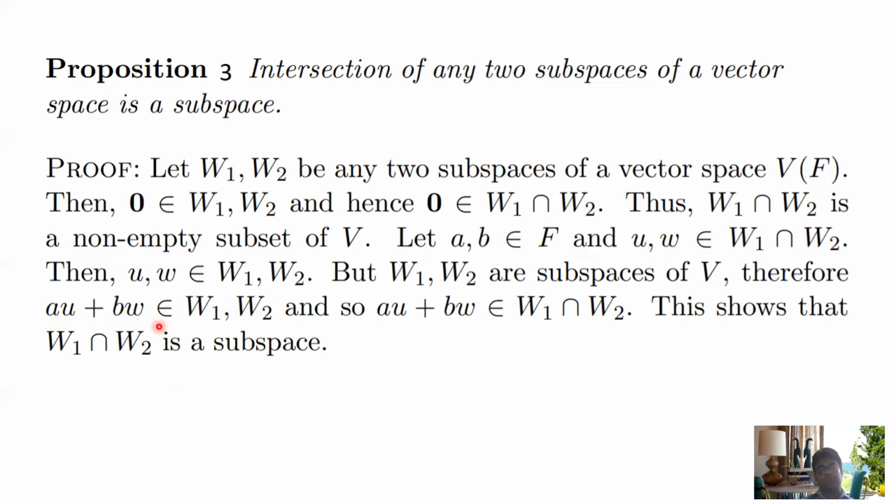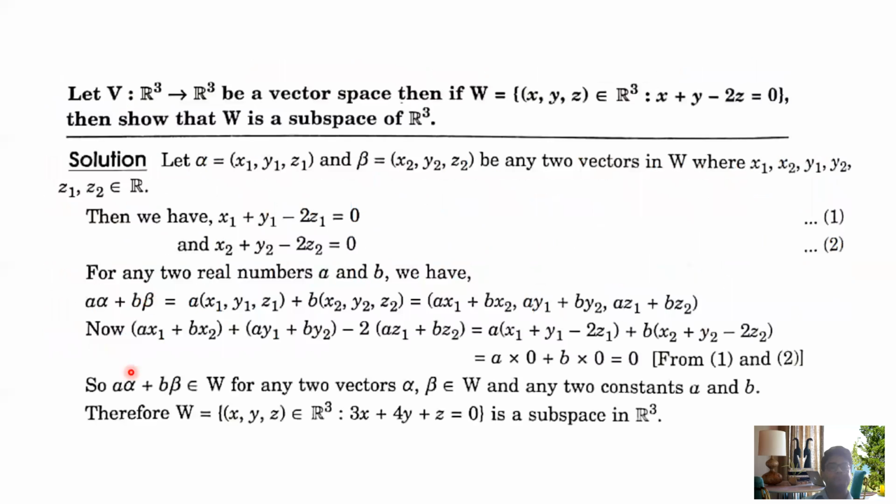Okay, so from here it is clear that au plus bw belongs to W1 and W2. So you can say au plus bw also belongs to W1 intersection W2. This shows that W1 intersection W2 is a subspace. So this is also a very important property.